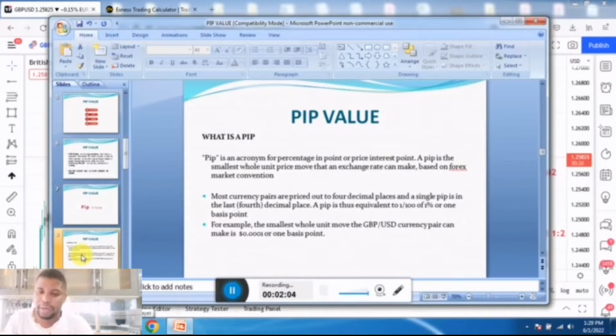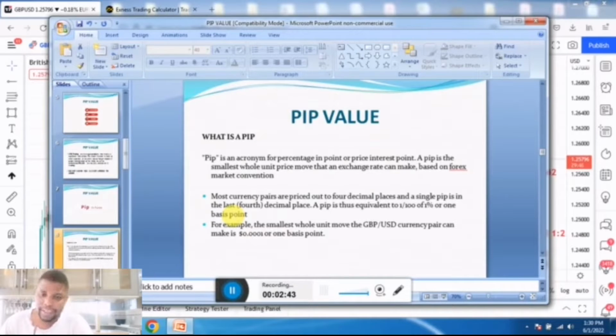A PIP is an acronym for percentage in point or price interest point. So a PIP is a small whole unit price move that an exchange rate can make based on Forex market conversion. Most currency pairs are priced to 4 decimal places, and a single PIP is in the 4th decimal place. So a PIP is equivalent to 1/100 of 1%, or a 1 basis point.